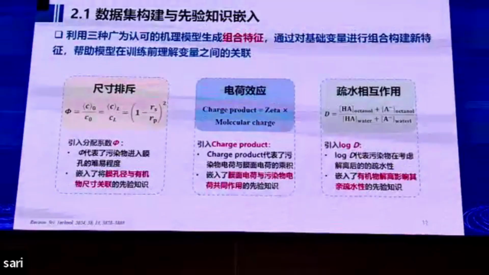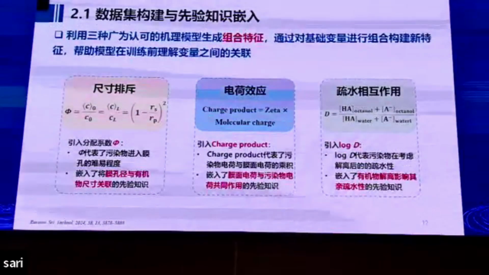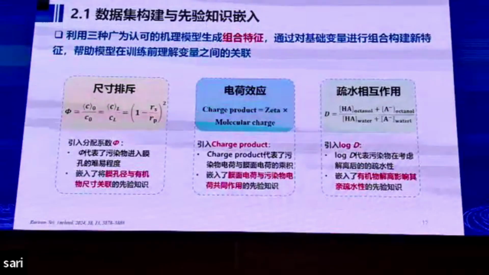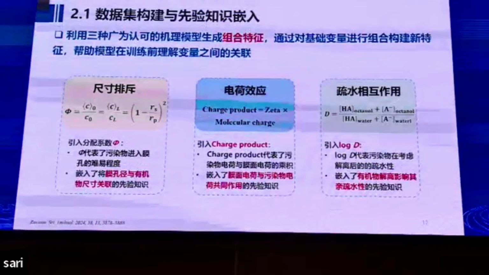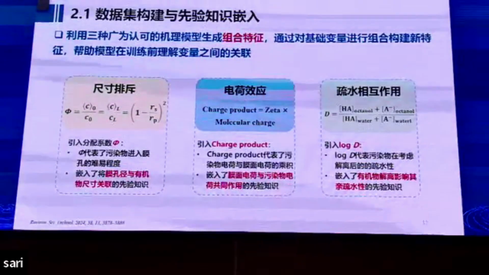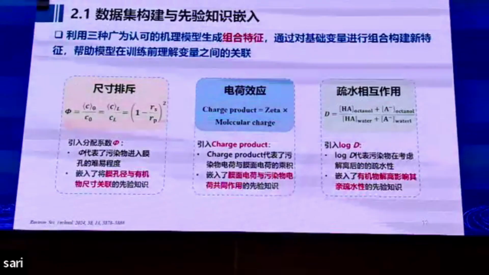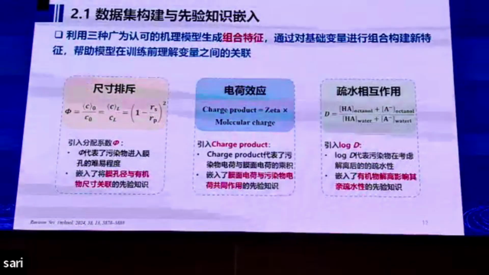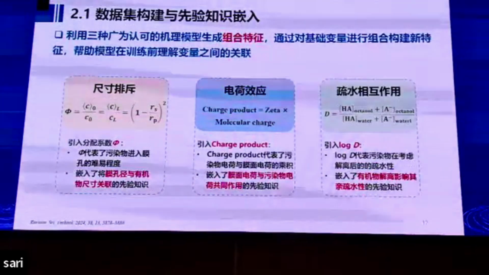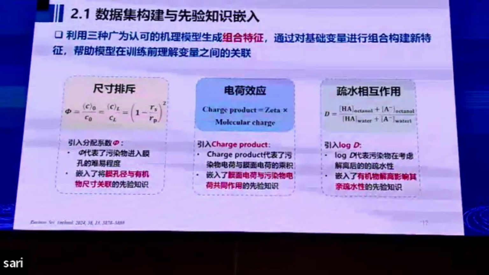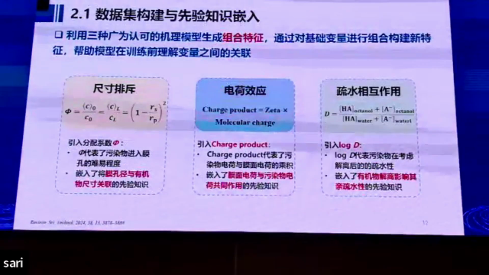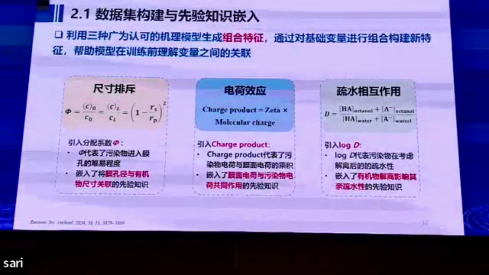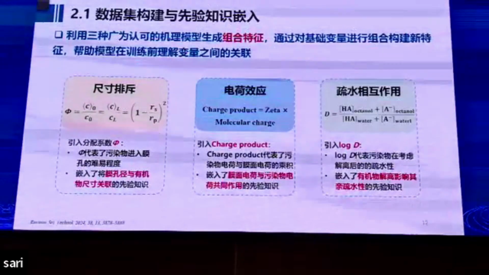We incorporate 3 models to transform the original data and combine the data and the knowledge. The first is the partition coefficient, phi, which was introduced by Professor Tong in his slides, to convey the relationship between the size of the micropollutant and the pore size of the membrane.